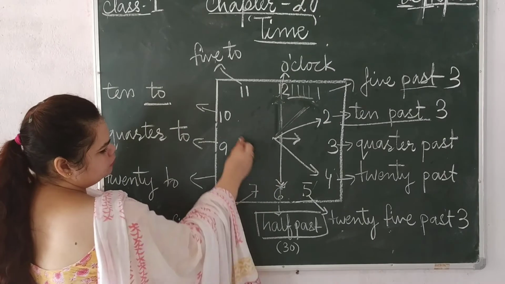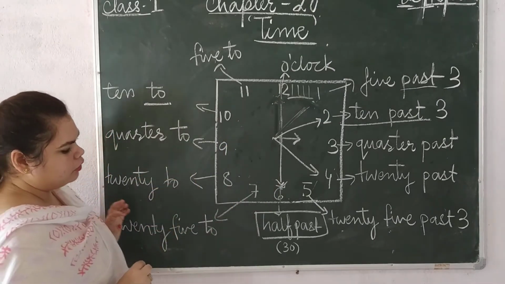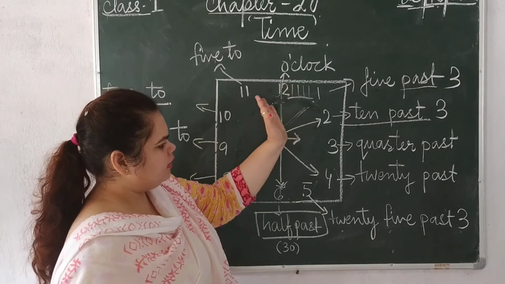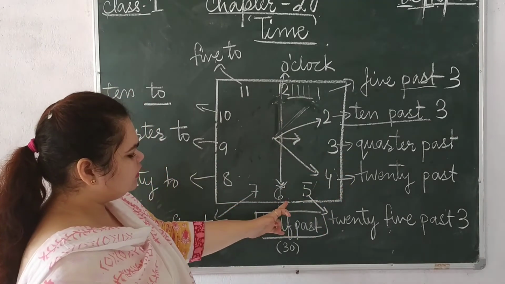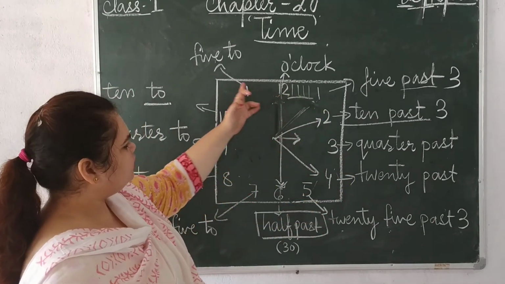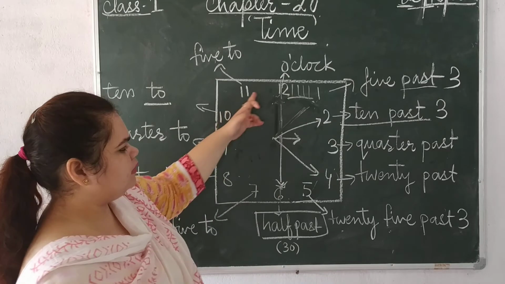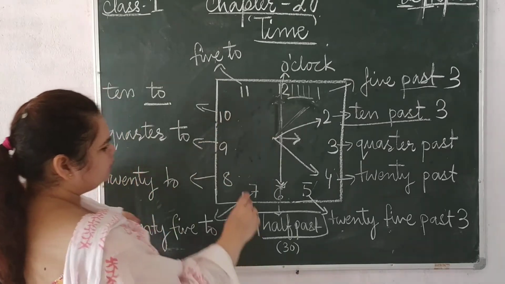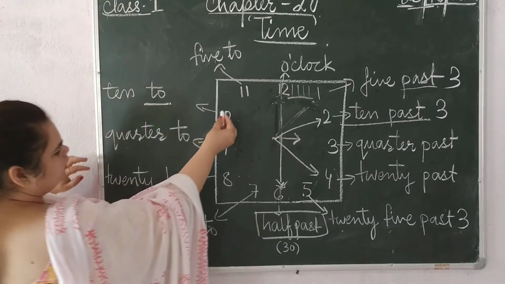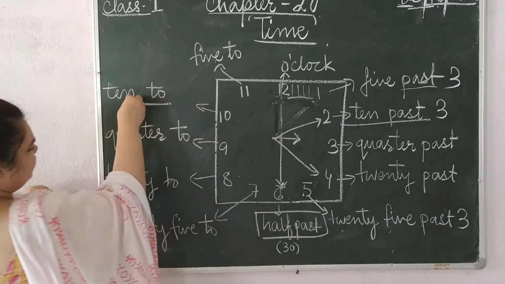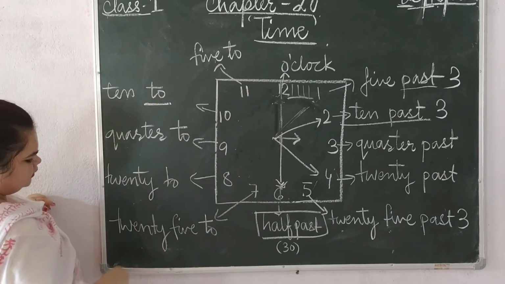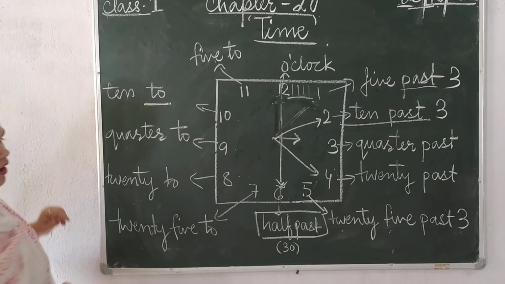Now let us come to the left part of the clock. The same way, just as this has 30 minutes here, this left side has 30 minutes as well. So the same numbers have been written here: 5, 10, quarter, 20 and 25.